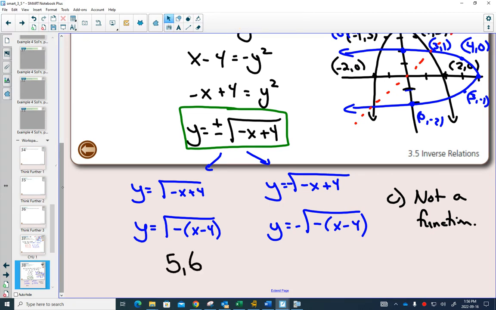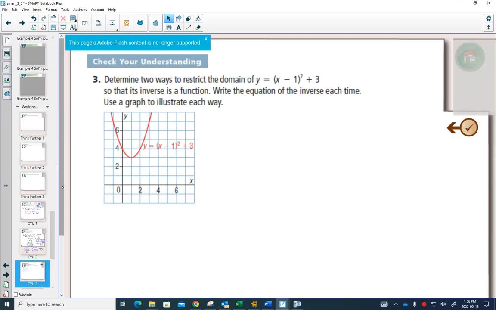Questions 5 and 6. Now, at the bottom of page 239, the bottom of page 239, it has the following question.